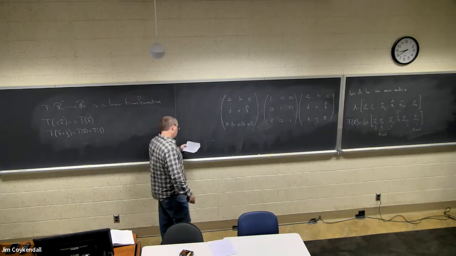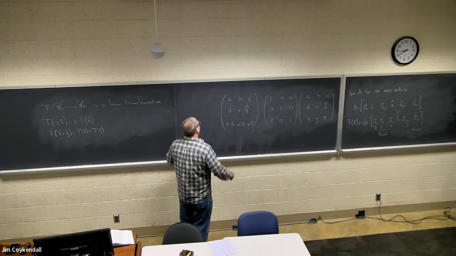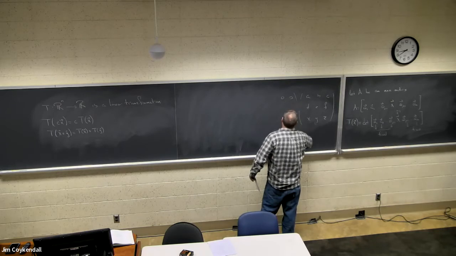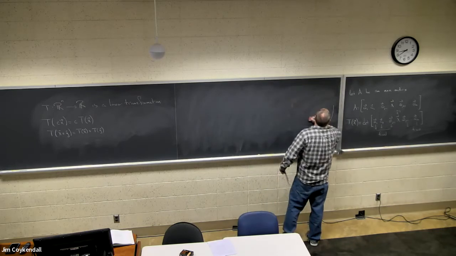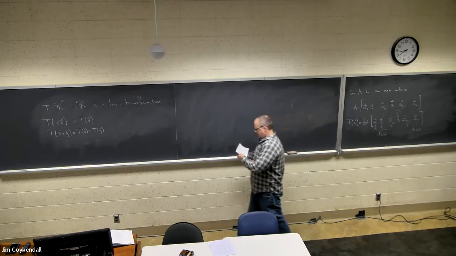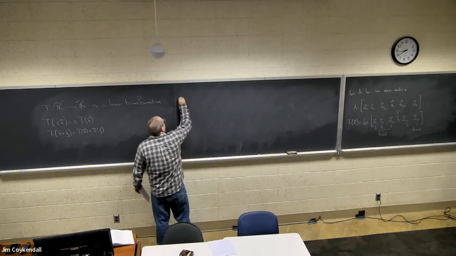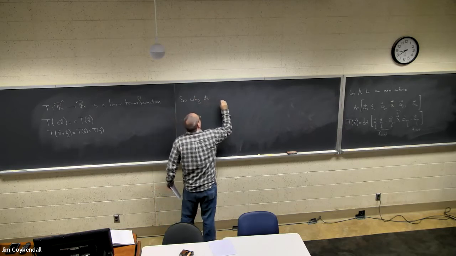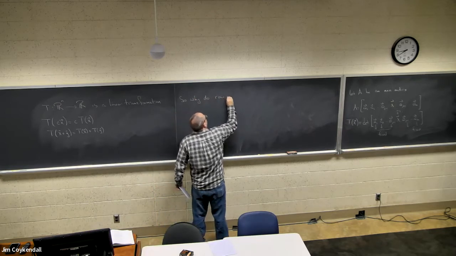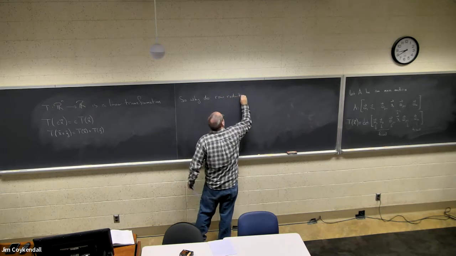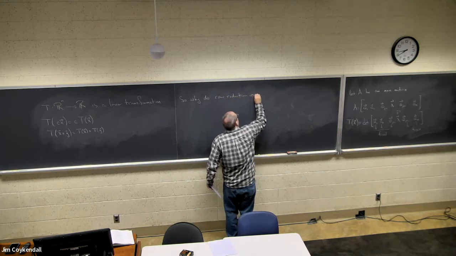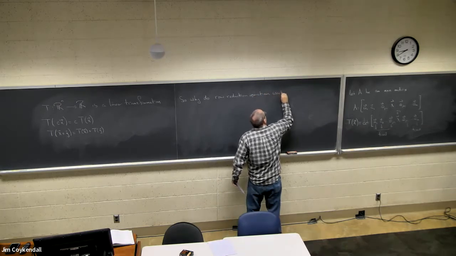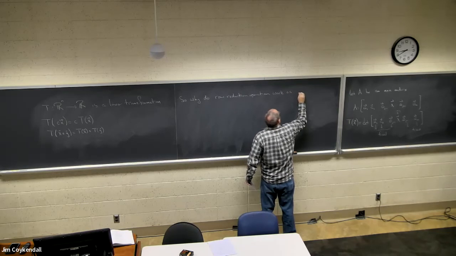And this is actually going to help us a little bit. So why do the row reduction operations work as stated?